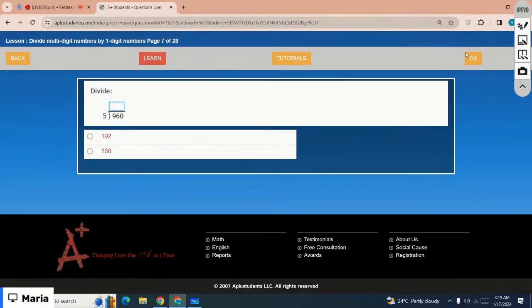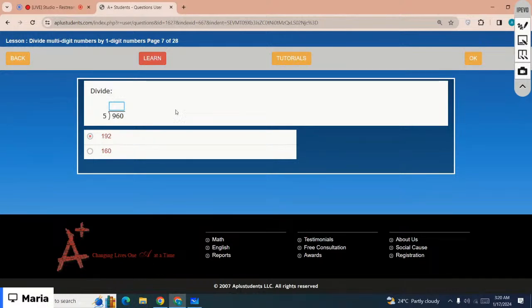Okay, 960 divided by 5, which is the correct option. Yes, that is 192.